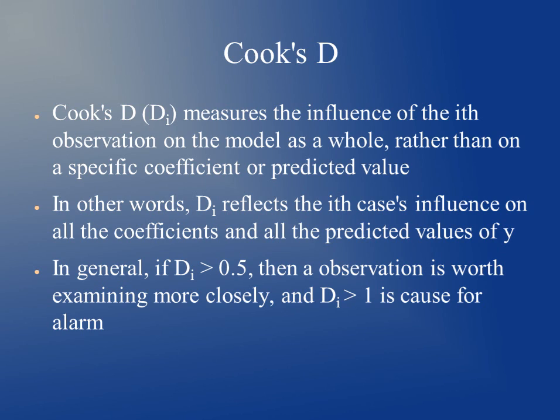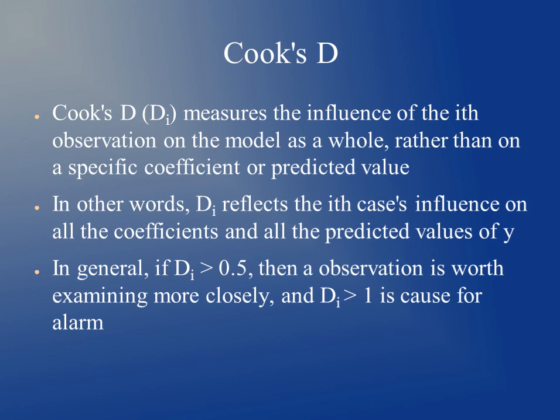So Cook's D measures the influence of the ith observation on the model as a whole, rather than a specific coefficient or predicted value. So this kind of combines DFBETA and DFFIT in a certain way. So Di reflects the ith case's influence on all the coefficients and all the predicted values of y.